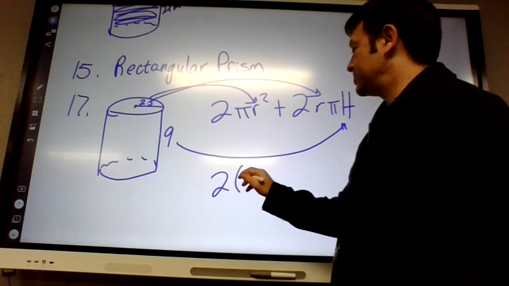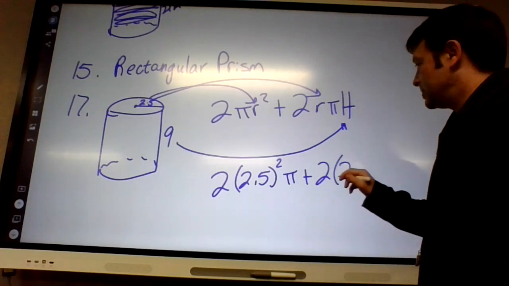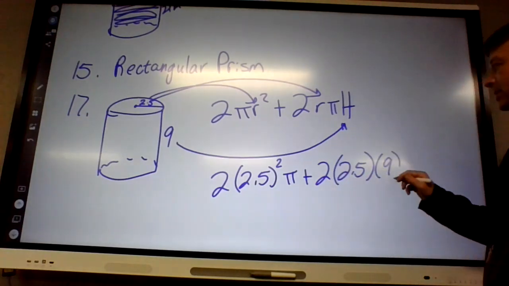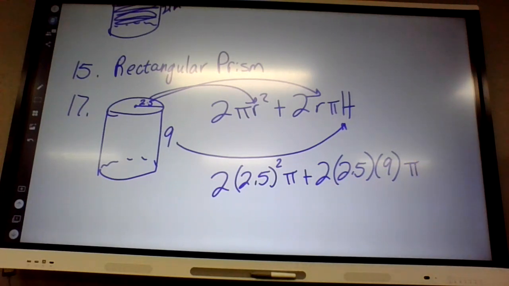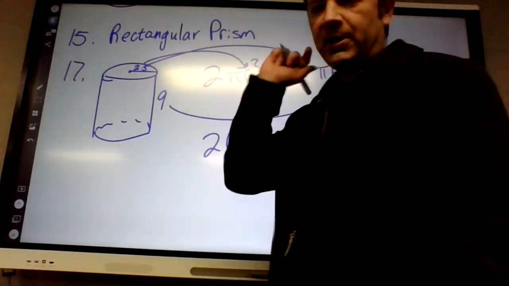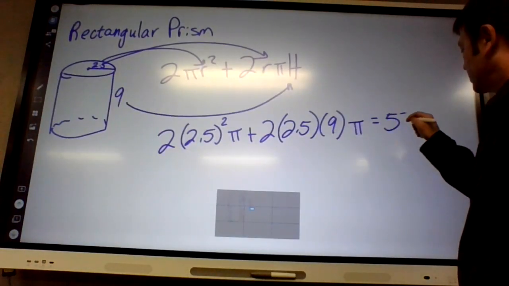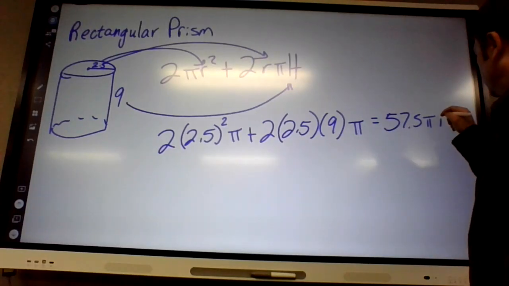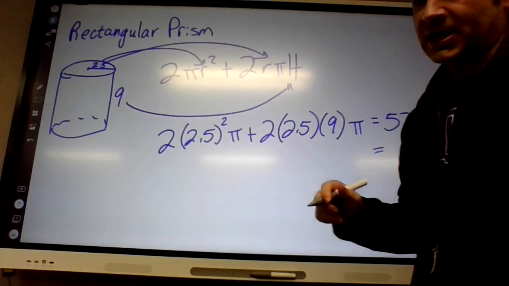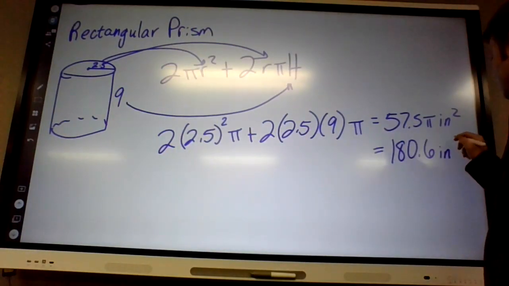So 2 times 2.5 squared times pi plus 2 times 2.5 times 9 times another pi. Makes a big number. They did write the answer both ways. They put 57.5 pi square inches, which is about 180.6 square inches.